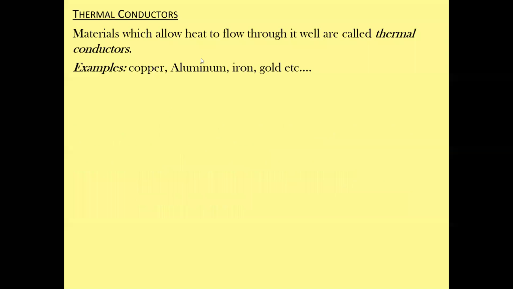A simple experiment to identify this: for example, we have two objects, or two rods A and B, and I want to find which one is a conductor. One of them is a conductor, another one is an insulator.